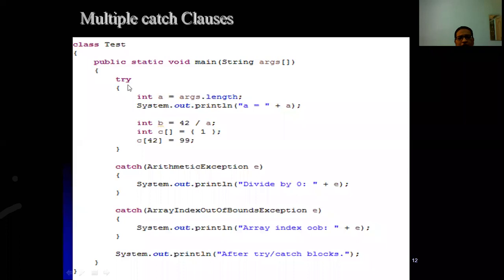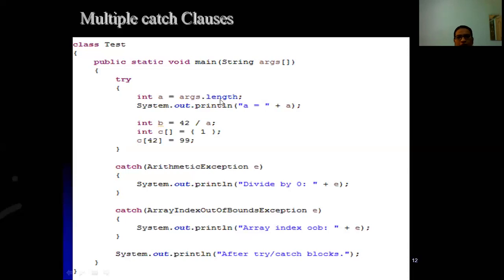So what is there in the try block? Here int a, with args. As I said in the class, I explained this with a shell program also. The arguments we pass to this program, the length it is holding, args.length.